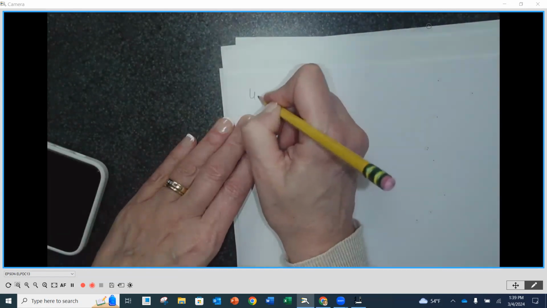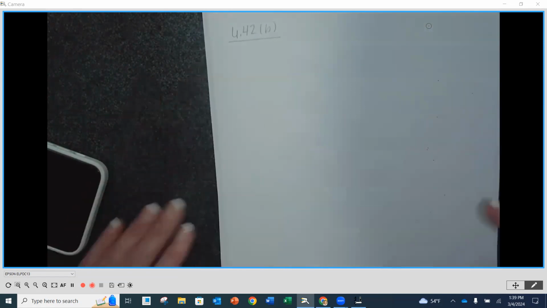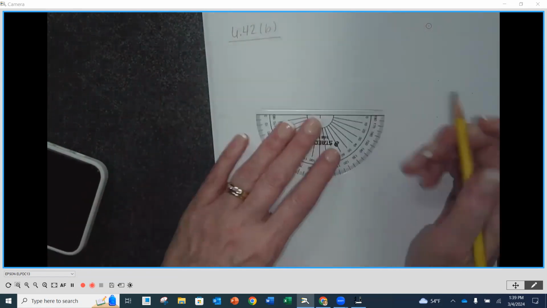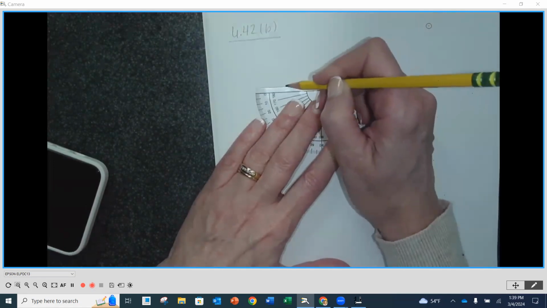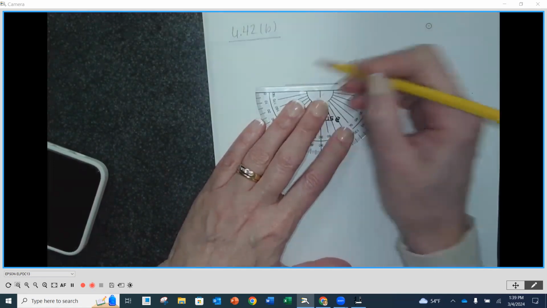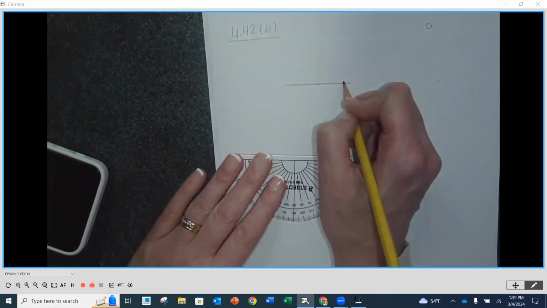Okay, so to draw that free body diagram, I'm going to go to 6.42 part B. So we'll start with the free body diagram. I'm just going to draw that horizontal line. This represents the center of the pulley, and then this will be either end.